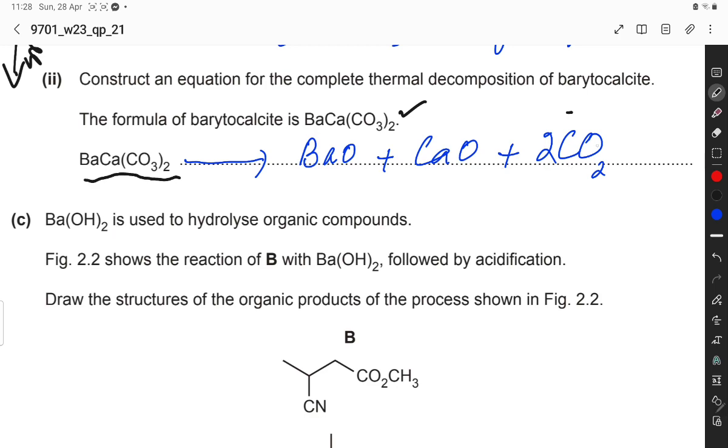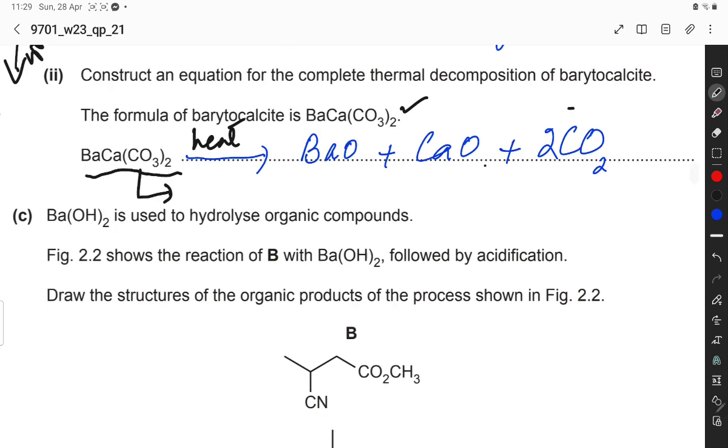Two oxides are formed along with carbon dioxide. Whenever a carbonate is there, carbon dioxide is definitely evolved on decomposition. When we heat this compound, two oxides, barium oxide and calcium oxide, are formed along with carbon dioxide.